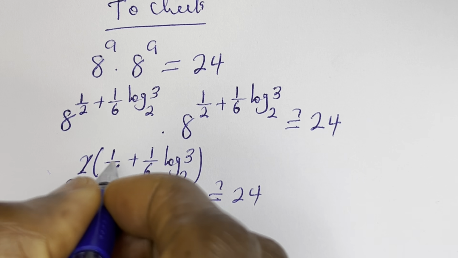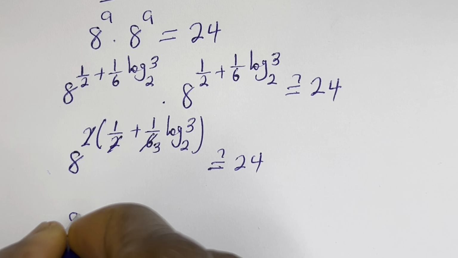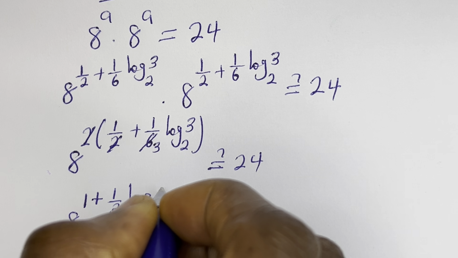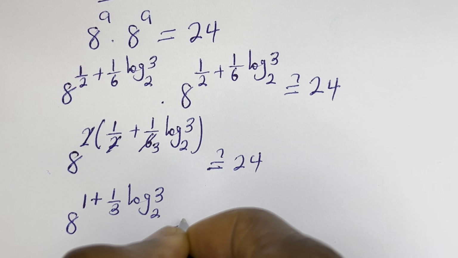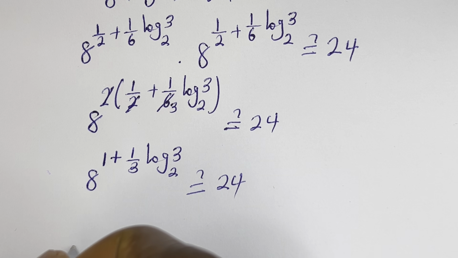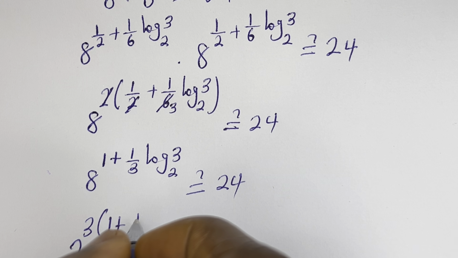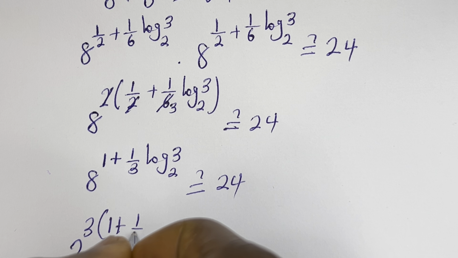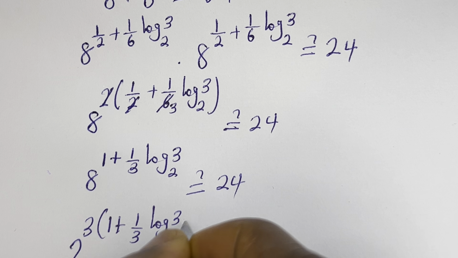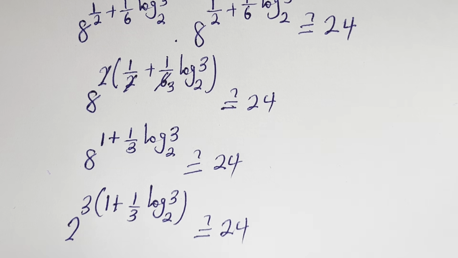Then this will cancel this, and 2 here, 3. We have 8 to the power of 1 plus 1 over 3 log 3 base 2 must be equal to 24. Then 8 can be written as 2 to the power of 3 bracket 1 plus 1 over 3 log 3 base 2 must be equal to 24.